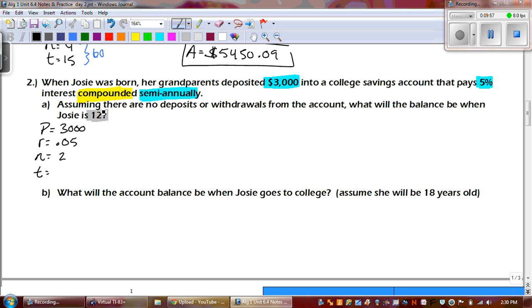And if it was from when she was born till she was 12, that's a total of 12 years. Okay? So 2 times 12, let's do that first. We get 24. I'm just going to write down the formula again so we remember. 1 plus rate divided by n, raised to n times t.